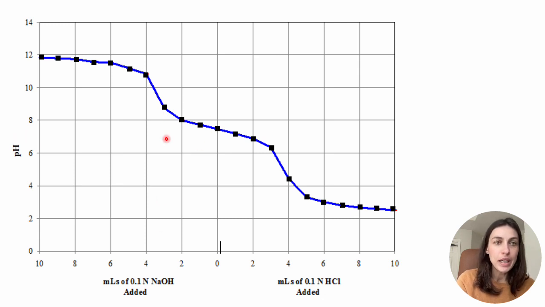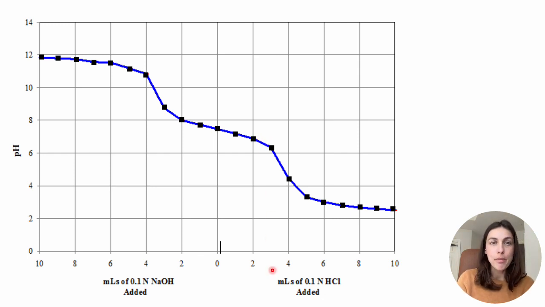The buffering capacity is where on the x-axis do you have that flatness. So if we have, this is kind of where it's mostly flat-ish. That is between 2 milliliters of base and about 2 or 3 milliliters of acid.